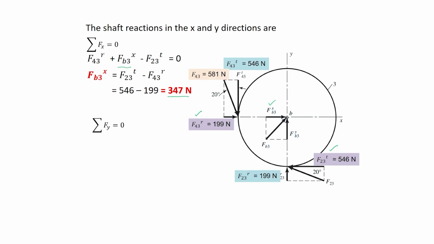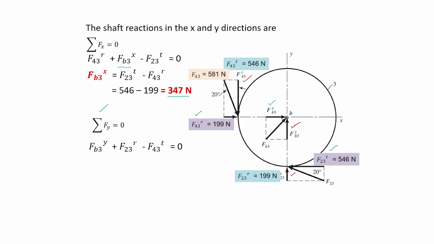The summation of forces in the y direction should also be 0, the static equilibrium equation. Applying that, the forces acting in this free body diagram in the y direction are this, this, and this one.